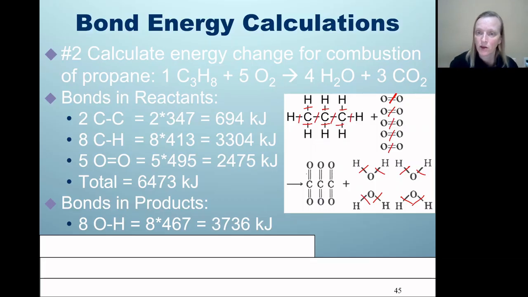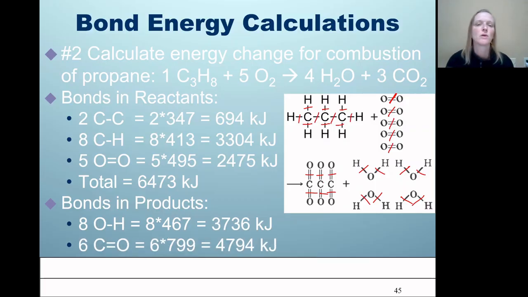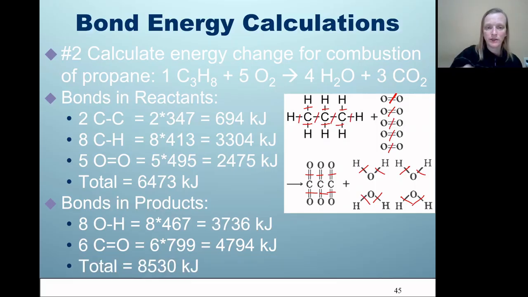And then when I count my carbon-oxygen single bonds, 1, 2, 3, I said single bonds, I meant to say double bonds. 4, 5, 6. Then 6 oxygen-carbon double bonds, each worth 799. When I multiply by 6, that totals 4,794 kilojoules. And when I've added those values together, I have a total of 8,530 kilojoules.